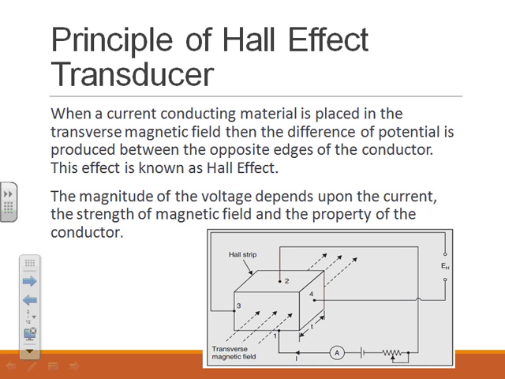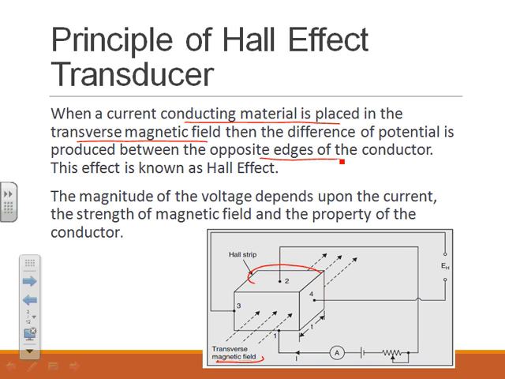When a current conducting material is placed in a transverse magnetic field, a difference of potential is produced between the opposite edges of the conductor.